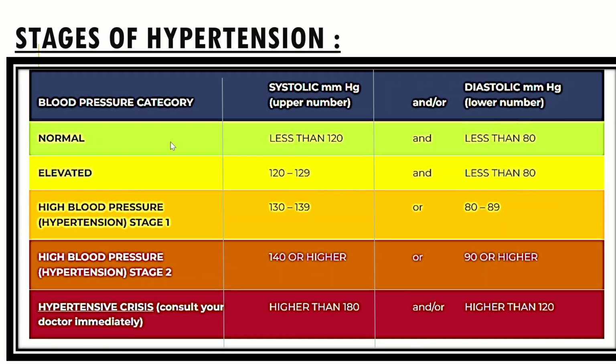The stages of hypertension. The normal blood pressure level is 120/80 or less.